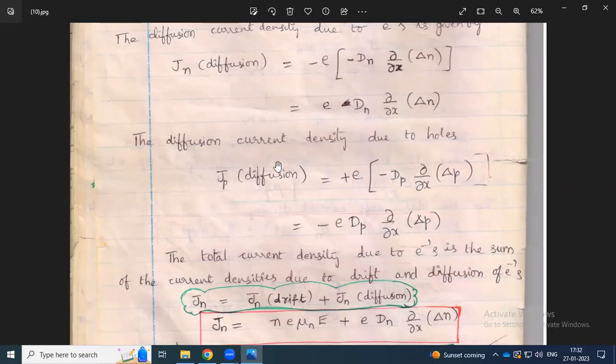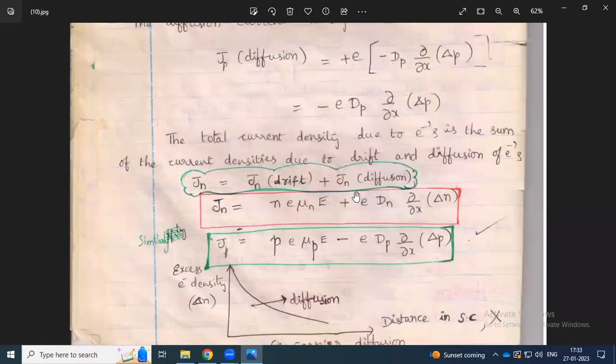Okay, the diffusion current density due to holes is defined as Jp diffusion is equal to plus e into minus Dp dou by dou x of delta p. Then that becomes minus e Dp dou by dou x of delta p. The total current density due to electrons is the sum of current densities due to drift and diffusion of electrons.